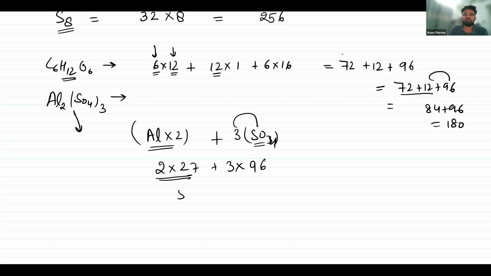When you multiply, you get 54 plus 288. 3 sixes are 18, 1 carry, then 3 nines are 27, plus 1 is 28, so 288. When you add 4 and 8, 12, 2, 1 carry, 5 and 8, 13, plus 1, 14. You get 342.